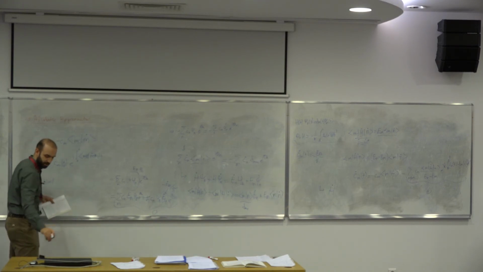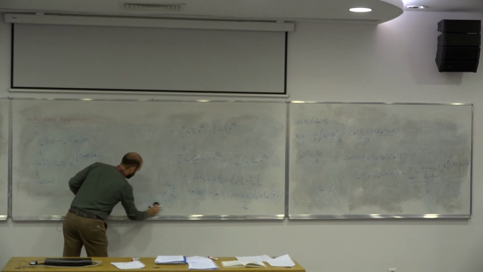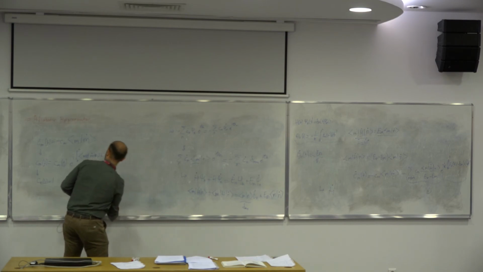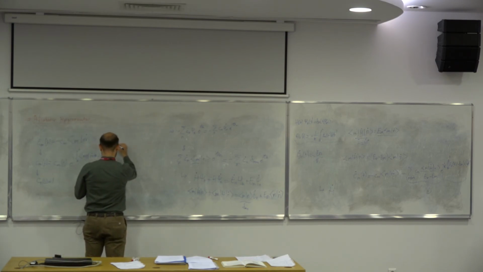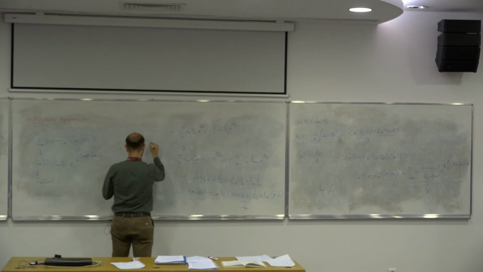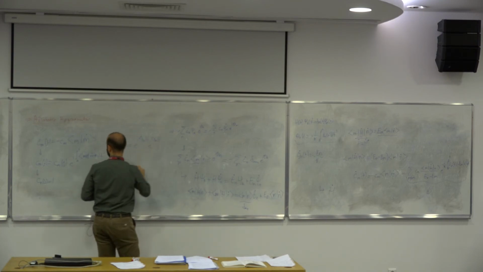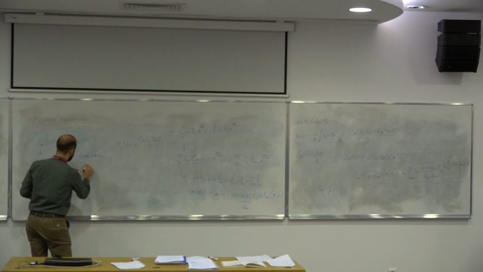Then what I'm going to get for my wave function is something like this. Phi_n of t will be e to the i theta_n of t, e to the i gamma_n of t. I denote this as gamma of t.